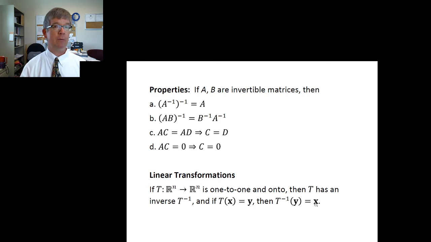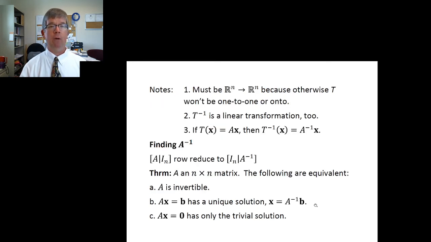There are a couple of things we need to say about this. The first is that linear transformations that are invertible have to go from Rn to Rn. Those n's must match, because if you make a linear transformation between Euclidean spaces where they don't match, it will either not be one-to-one or not be onto, and you need both properties to be able to invert the linear transformation.